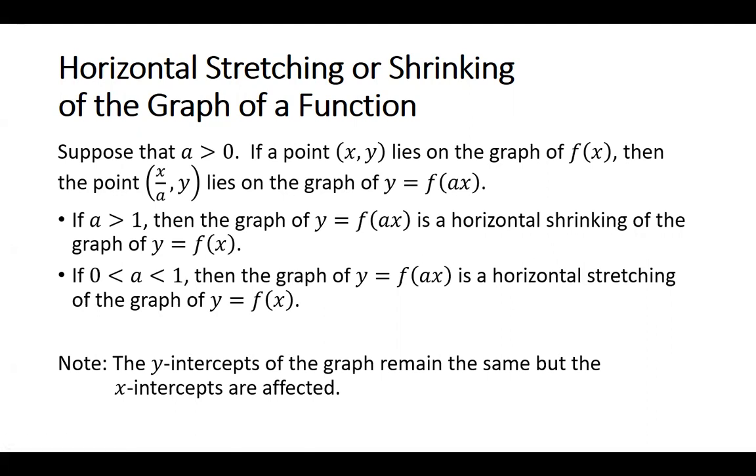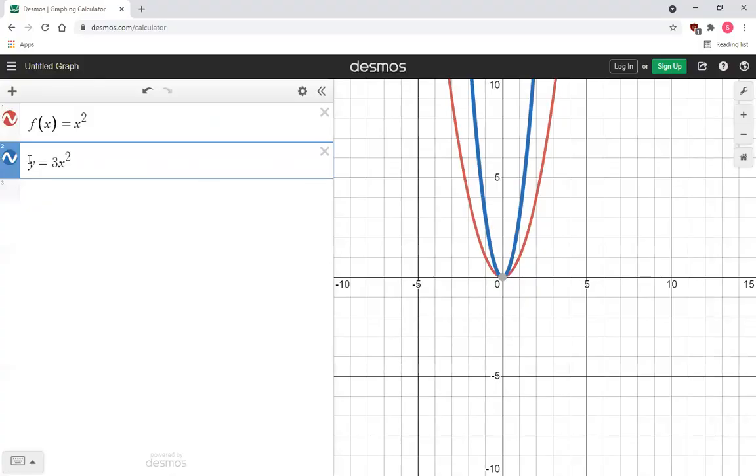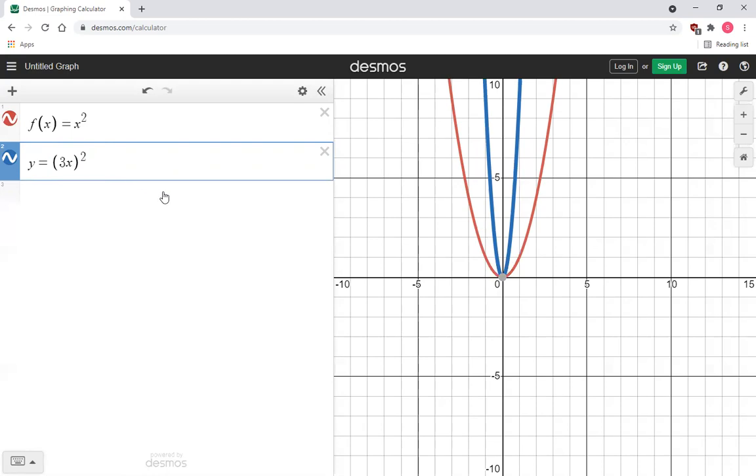So going back to Desmos.com, I'm going to modify this a little bit and say, well, this was the vertical stretch. Now what I'm going to do is put that in parentheses. And we now actually have a horizontal shrink, where x was equal to 1, now it's equal to 1/3 of that.